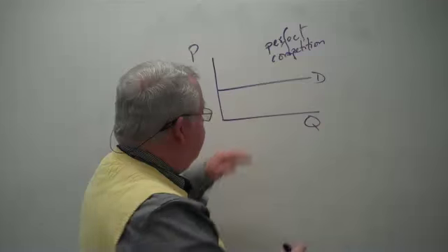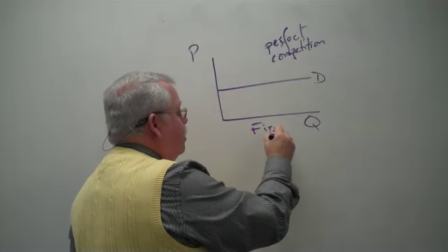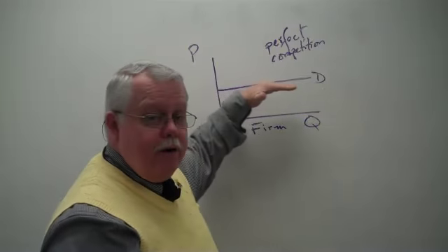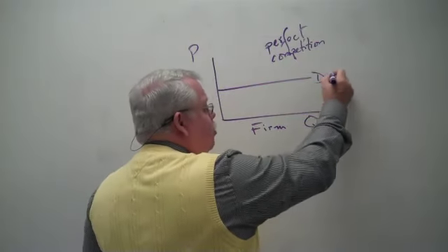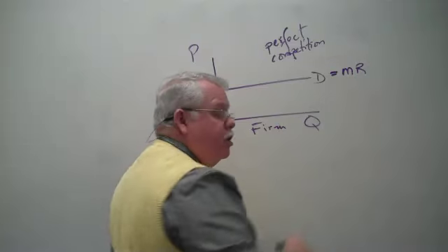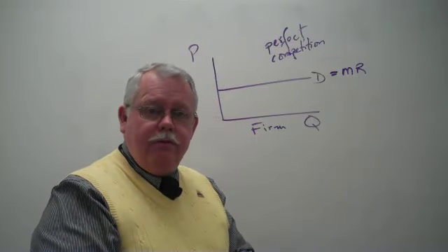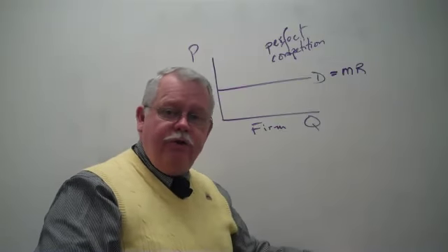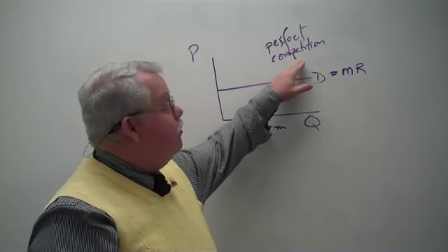The demand curve for the firm was perfectly elastic or horizontal. And when the demand curve was flat, it was also the marginal revenue curve. If you're not sure about that, go back and look at the YouTube videos or the PowerPoints on perfect competition.